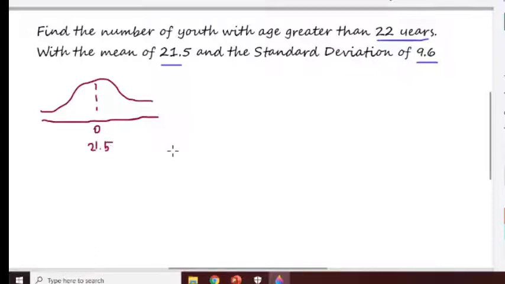Okay, and with the standard deviation of 9.6, and nasaan po ang ating 22? So this is your 22, wala pa tayong standard score. This is your 22.